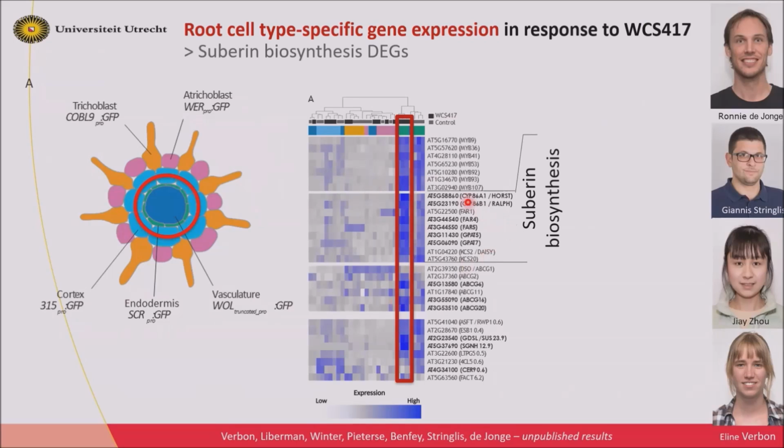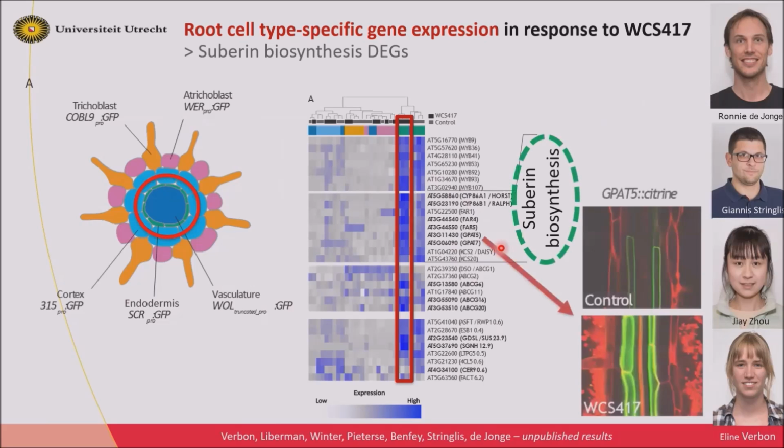And there's a nice cluster of genes that encode suberin, which is a compound that is basically a structural barrier in the root system. We could even demonstrate that it indeed responds to colonization of the roots by 417 by using a reporter line for GPAT5, which is one of the genes that is induced. And you nicely see that it is indeed induced in the right cell type.